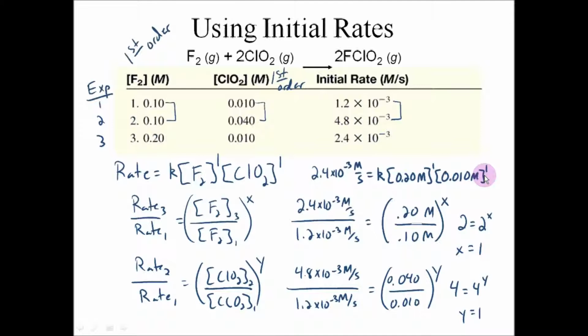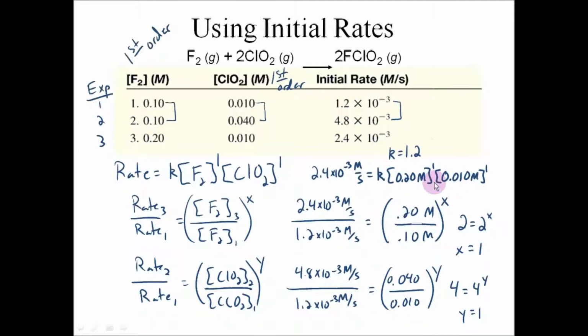Raising things to the power of 1 is easy. That's just the 0.2 molar and the 0.01 molar. So I divide that into 2.4 times 10 to the negative 3. And I find that this K is equal to 1.2.